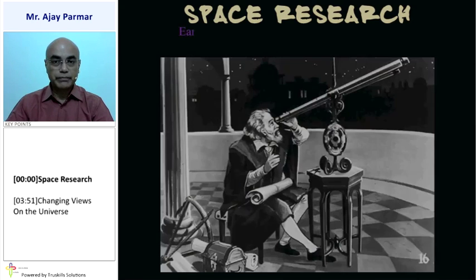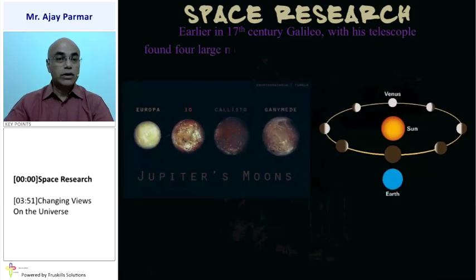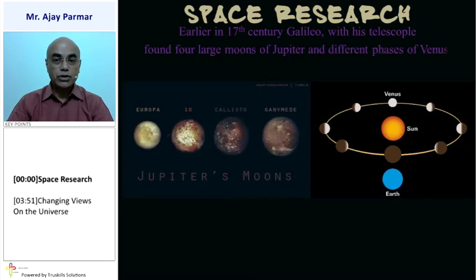So let us try to understand what different types of space research there are and how they were carried out in human history. In the 17th century, the scientist Galileo, with his telescope, found four large moons of Jupiter, that is Europa, Io, Callisto and Ganymede, and also the different phases of Venus.